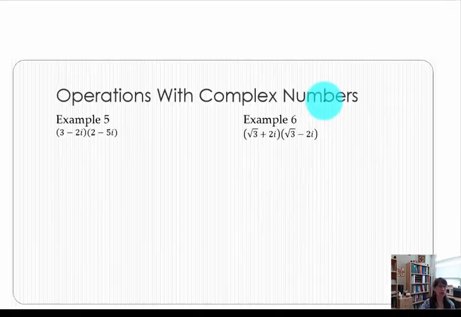In example 5, we have two quantity sets, and notice there's no plus or minus in between, so this truly is a multiplication problem. With two binomials, we'll simply distribute 3 times each term in the other quantity.